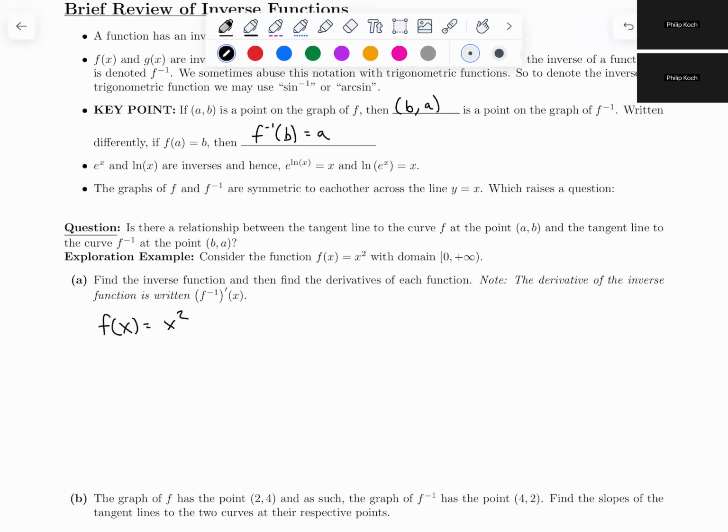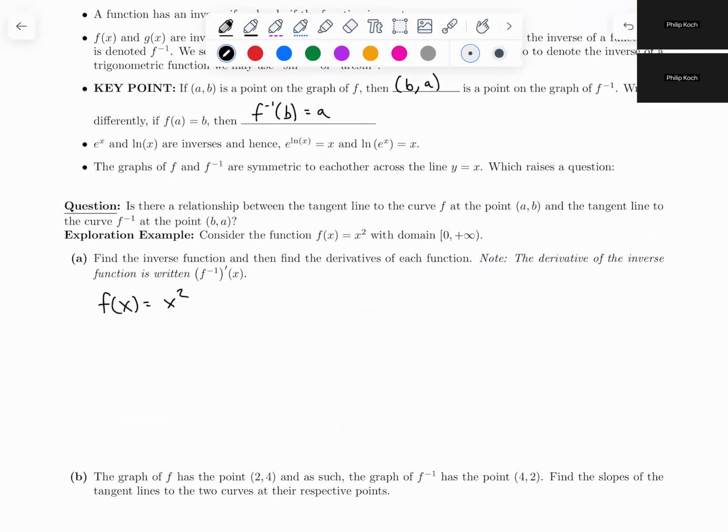And do you guys remember how to find the inverse function? You change the variables, solve for x, right? Some teachers say you should switch the variables first. I disagree. That's bad math. But you go y is equal to x squared. You solve for x squared. You get x is equal to the square root of y, plus or minus.